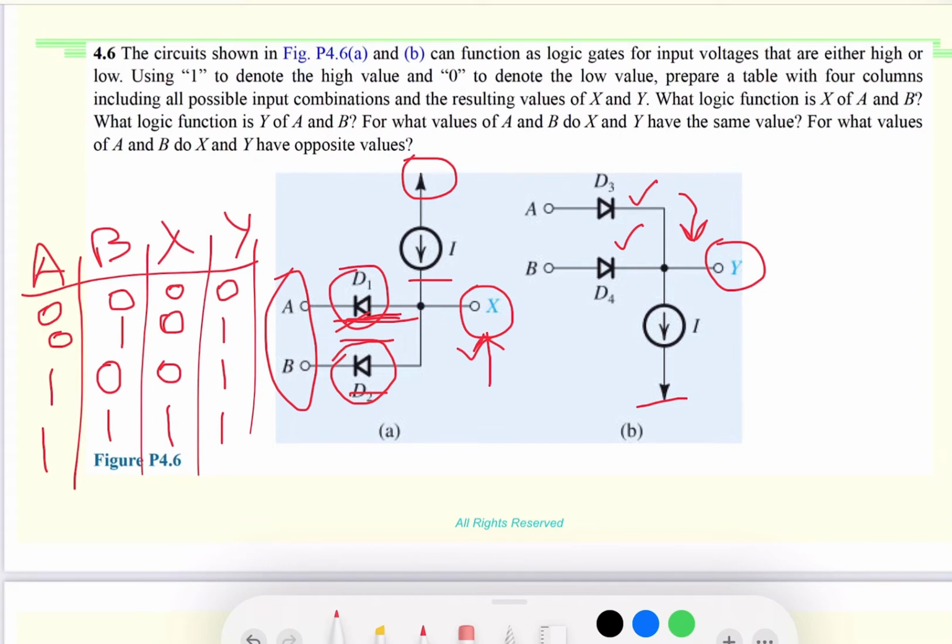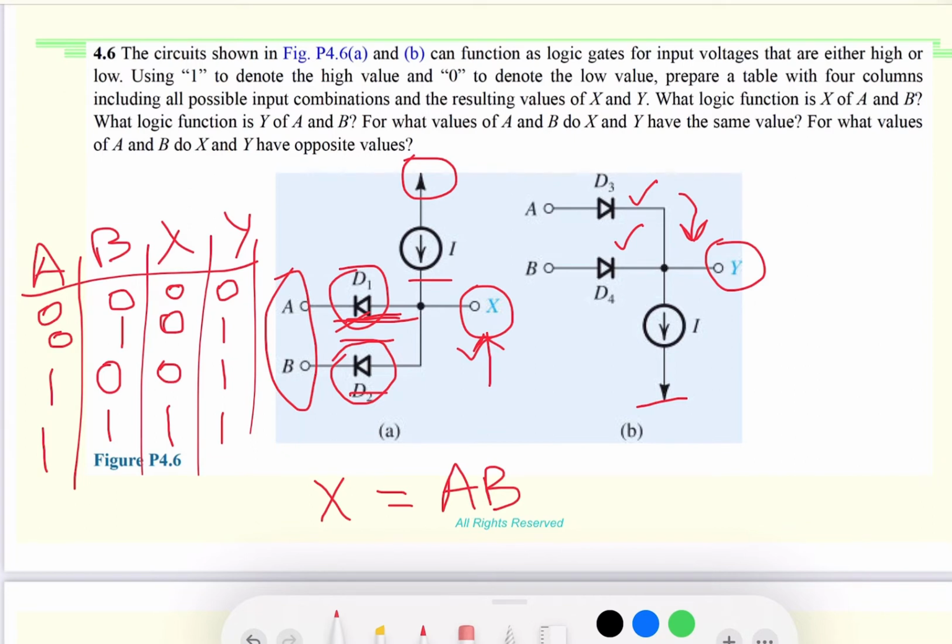So this situation can be described, if I were to write X, I can write that to be a product of A and B, which means if any one of those is 0, the outcome would be 0. So A and B both have to be 1 to get an outcome.